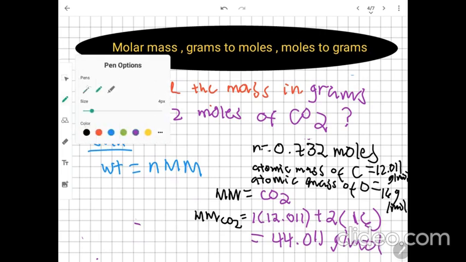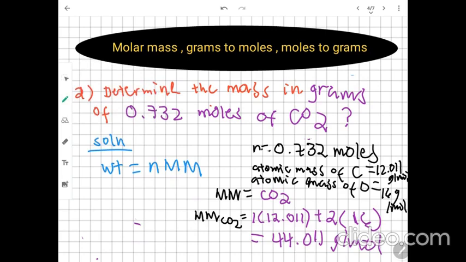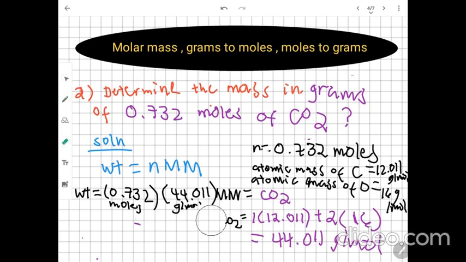So, we can now substitute this value. Here we have your weight is equal to your n value, which is 0.732 moles times this value, which is 44.011, and the unit is grams per mole, right? Here, let's calculate this.